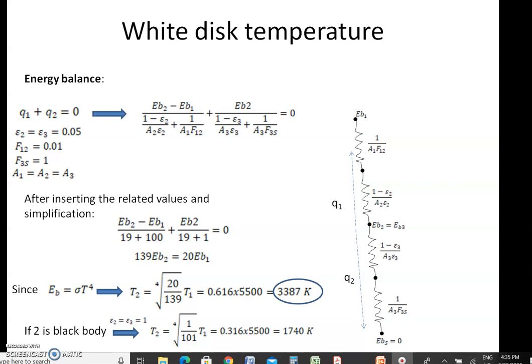Because of that, when you put the numbers in that equation, this is what you get. You shouldn't always assume that the black body is hotter than the other colors when you're dealing with radiation problems.